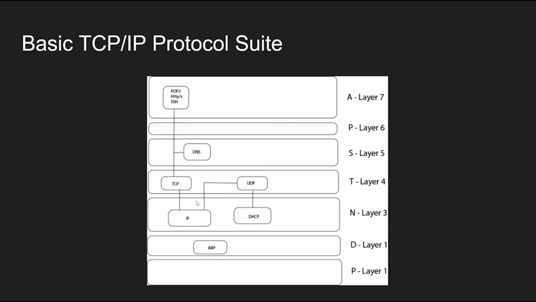As you see, we have TCP on our layer 4, and we have IP on our layer 3. This basically means that TCP uses the IP protocol from layer 3 to support other protocols. For example, it is used by DNS and POP3 and HTTP and so on.